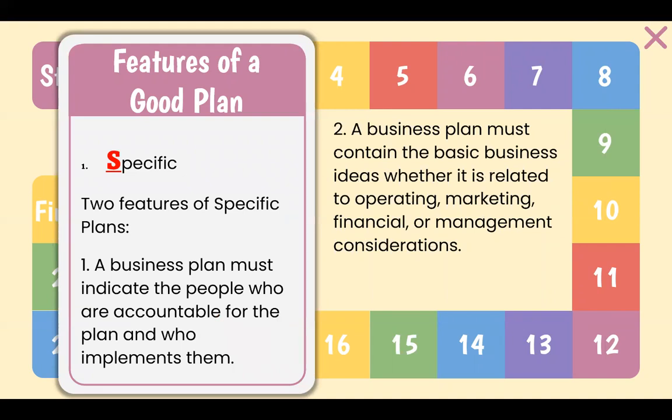There are two features of a specific plan. First, a business plan must indicate the people who are accountable for the plan and who implement them. Second, a business plan must contain the basic business ideas, whether related to operating, marketing, financial, or management considerations.